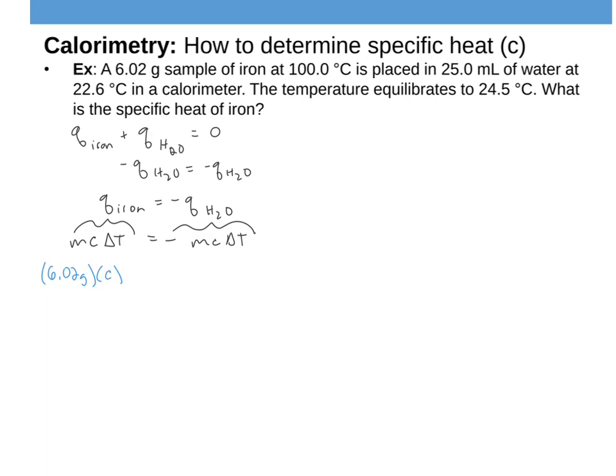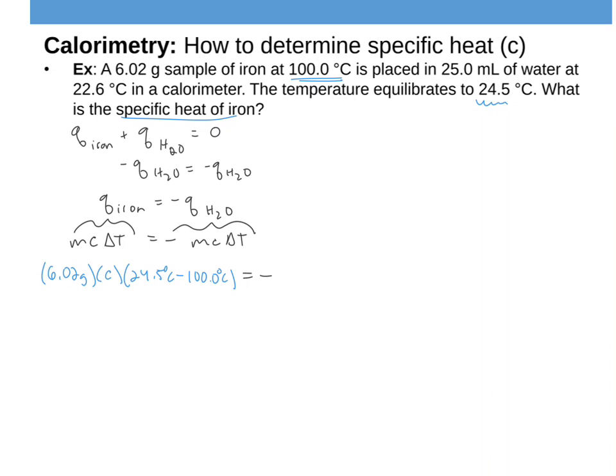I'm solving for the specific heat of iron. I don't know what the specific heat is, but I do know the change in temperature, right? I know that I end up at 24.5, and the iron started off at 100 degrees. So that's all the information for the iron, so equals negative Q, so now all the water stuff.